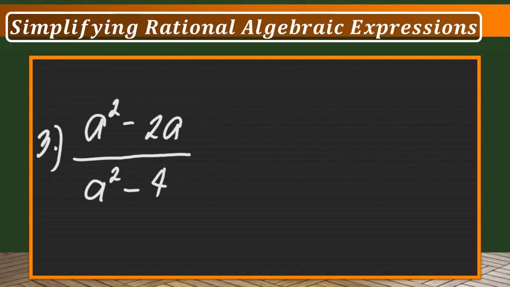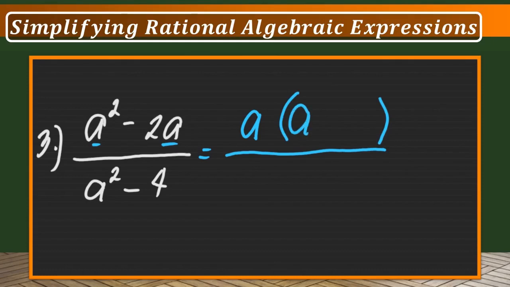Now let's have this one: a squared minus 2a over a squared minus 4. Again, let's factor. a squared minus 2a can be factored using GCMF, or greatest common monomial factor. a is being repeated in the first term and in the second term. So factor out a, and the remaining quotient is a minus 2.